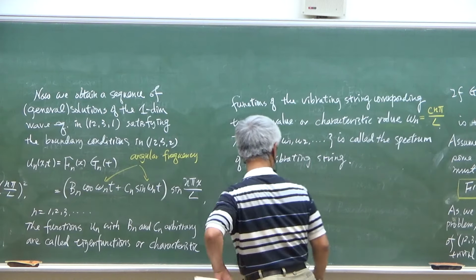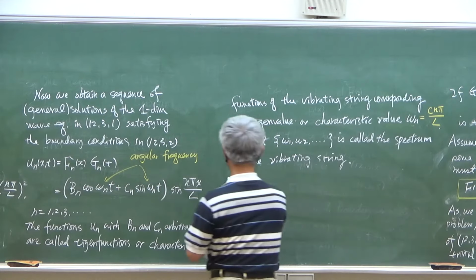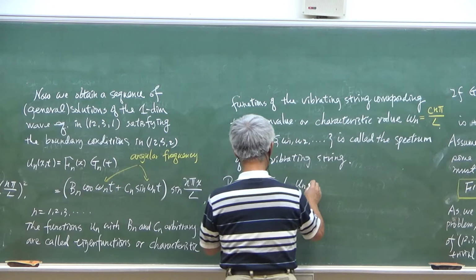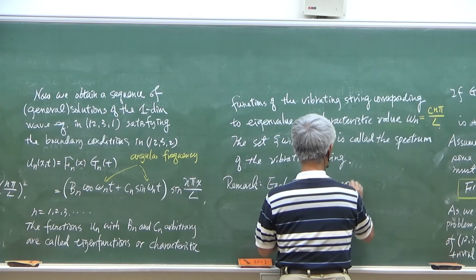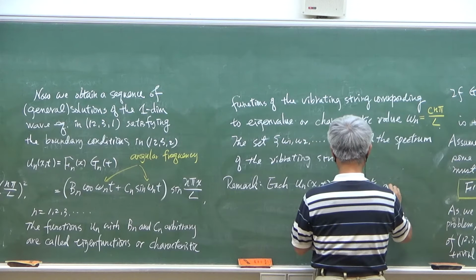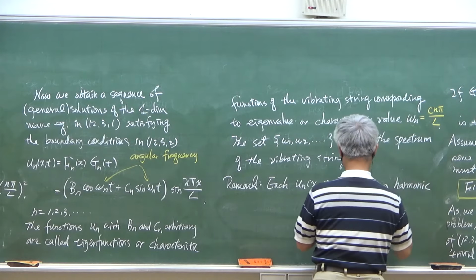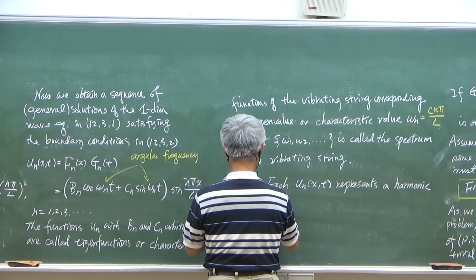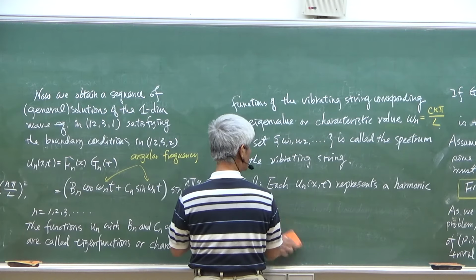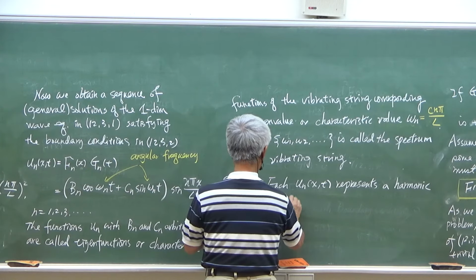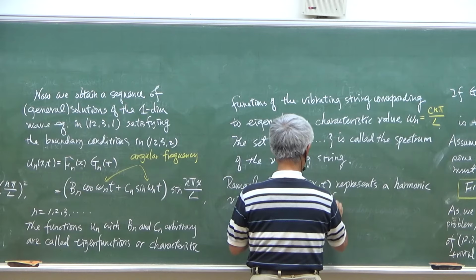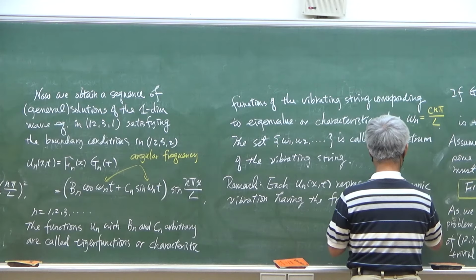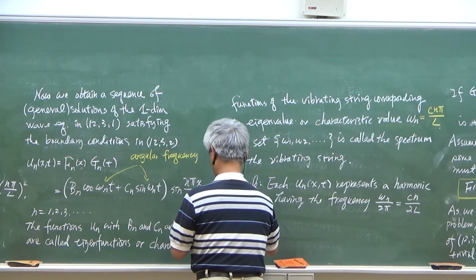Well, the remark: each eigenfunction represents a harmonic vibrating mode, or harmonic vibration, having the frequency omega n divided by 2 pi, which is equal to c n divided by 2L, cycles per unit time.